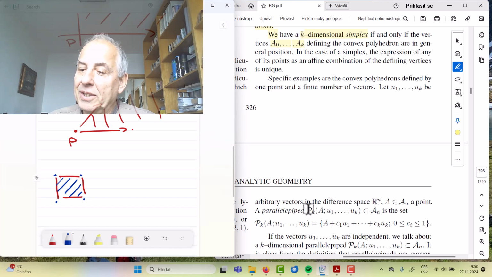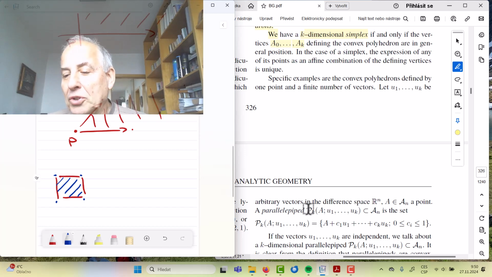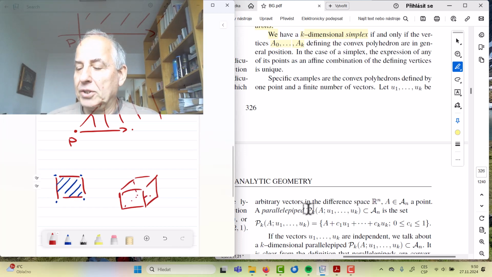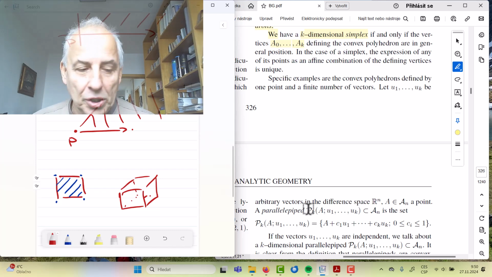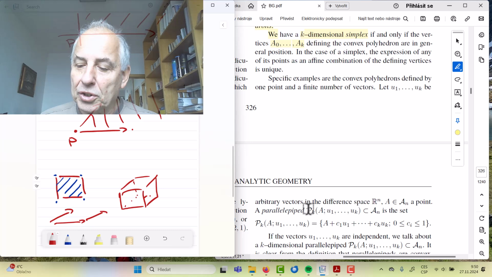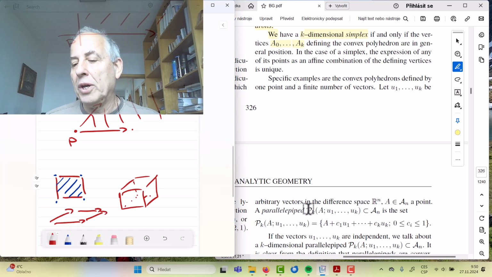Or in dimension 3, it would be if you get a cube, right? Then again, it's a different thing. But of course, we can also just make it with vectors like this, and this is called a parallelepiped.